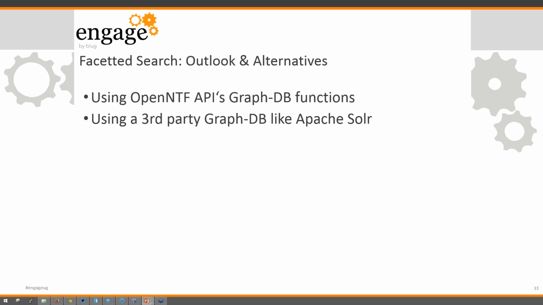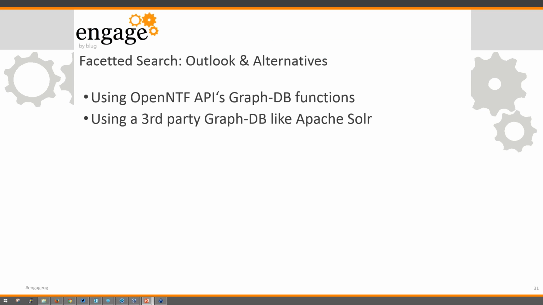Watch out for the OpenNTF API, because the so-called GraphDB functions are added in the latest version, and the GraphDB function is another topic I can talk about a lot, or you better ask Nathan Freeman about it. He implemented and invented it for the use in Domino applications. It's a great functionality.